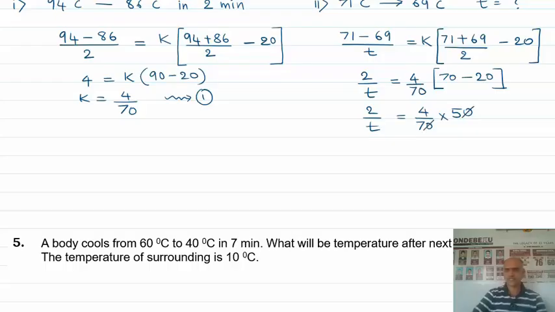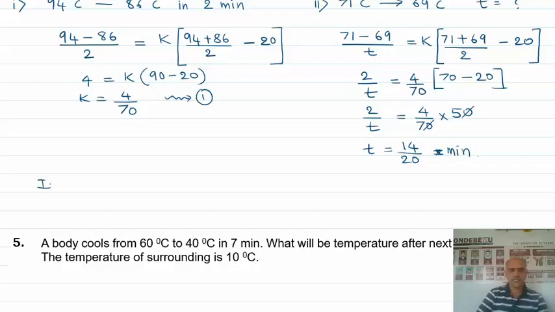So this cancels, cross multiply. You will get t is equal to 14 by 20. Correct, 7 into 2 is 14, 4 5s are 20. So 14 by 20 is in minutes.